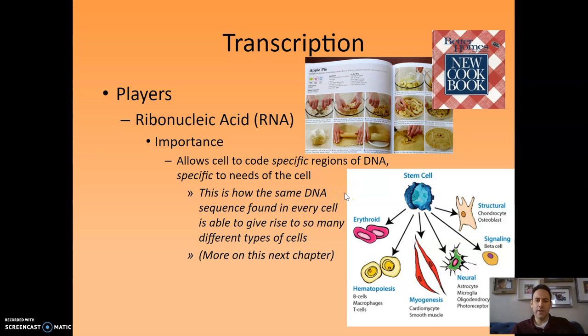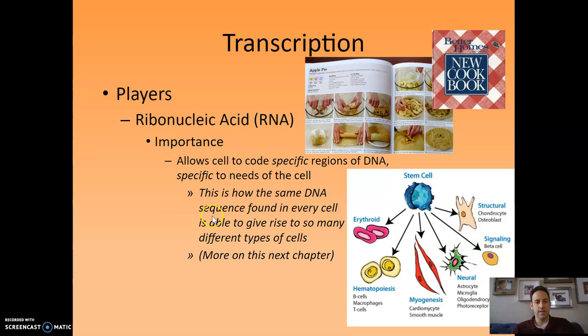Anyway, an interesting question is that every single cell in your body has the exact same DNA, minus mutations, but for the most part, the exact same DNA. So how is it that you have all these different cell types? Some of your cells are skin cells, some are nerve cells, some are muscle cells. How does that work?